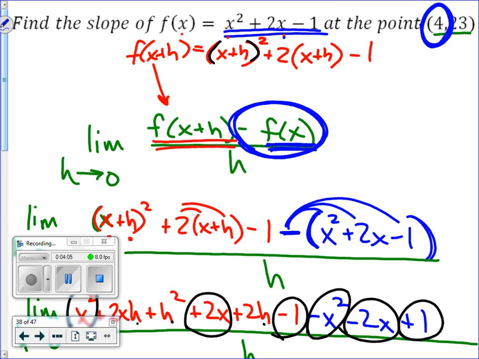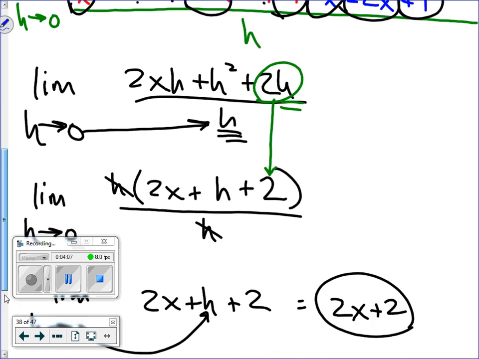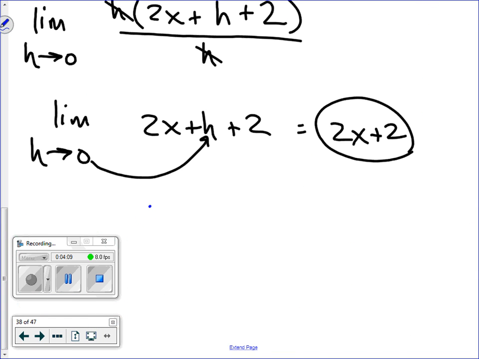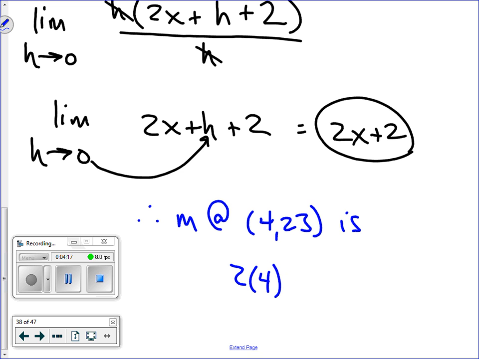Four. Therefore, the slope at (4, 23) is 2 times 4 plus 2, which is our final answer. The derivative is the formula that helps us calculate the slope.